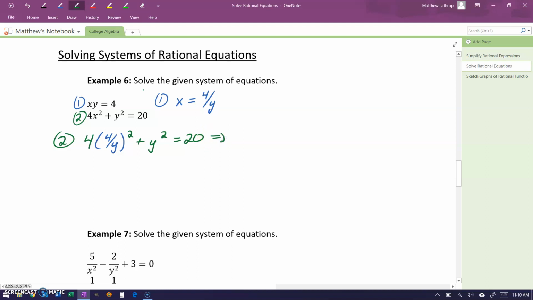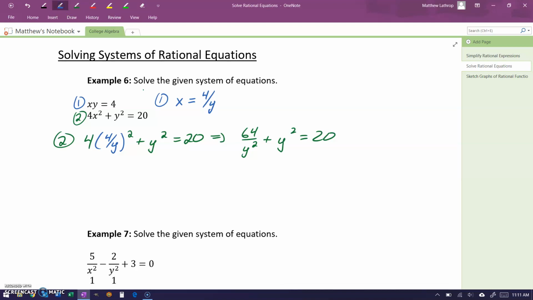Squaring 4 over y will give us 16 over y squared, and then multiplying by 4 will give us 64 over y squared. So just simplifying that first term.